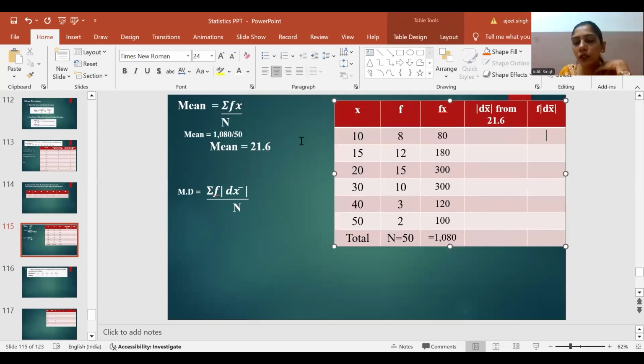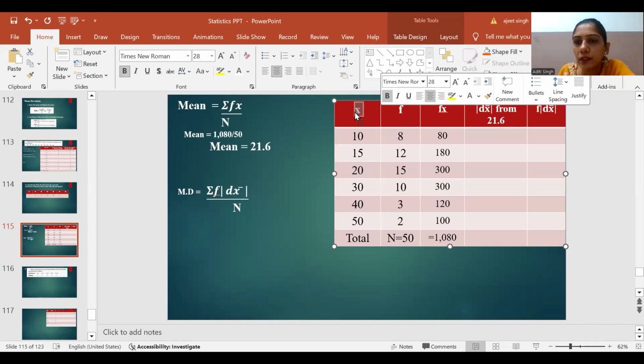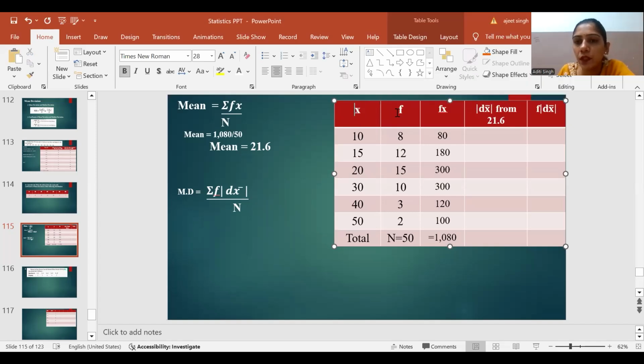We calculate dx bar from x and from the value of mean, which is 21.6. So now we will calculate dx bar.